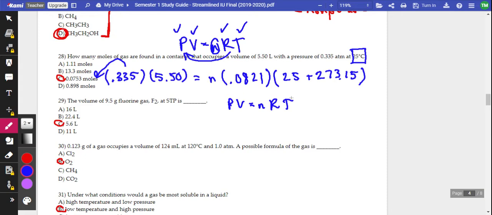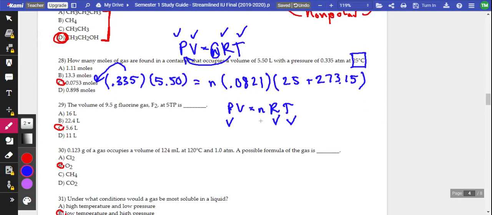At standard temperature and pressure, we know the standard temperature is 0 degrees Celsius, aka 273.15 Kelvin, and pressure is 1 atmosphere. We can pick an R constant to fit that, and we can figure out moles by changing our grams into moles. So the last thing we look for is volume. There are two ways you can do this. One way is using the ideal gas law like this. There's also a trick.